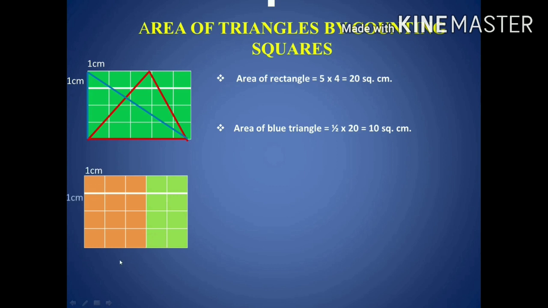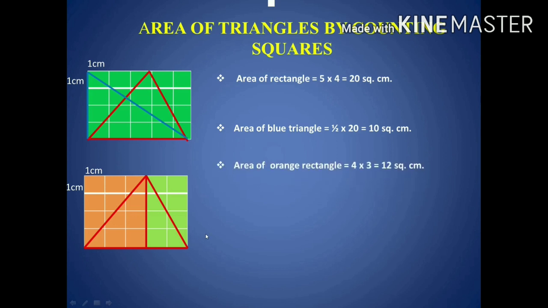This is also having 1 square as 1 square centimeter. Now draw lines according to the triangle given. Now first we calculate the area of first red triangle.